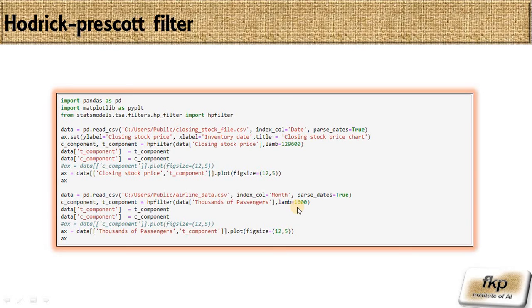When you are dealing with monthly data, you need to do experiments to see which gives a smoother curve of the trend, or you can choose some alternative models. But widely people use the HP filter even with monthly data, and they do some experiments on how much smoothing they want in their trend term.